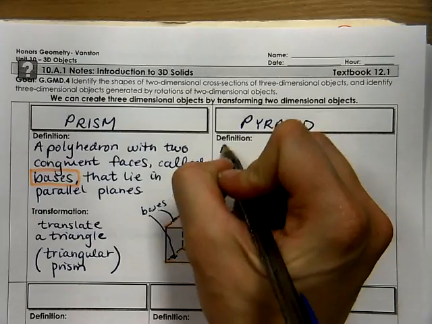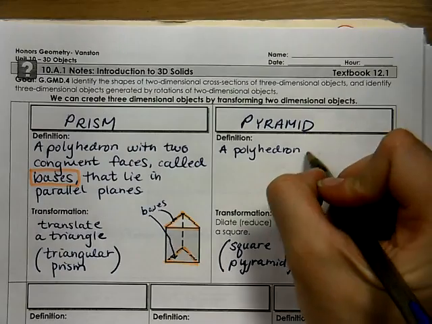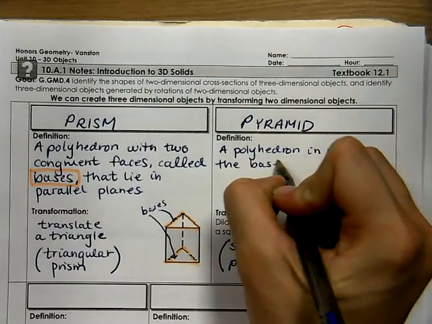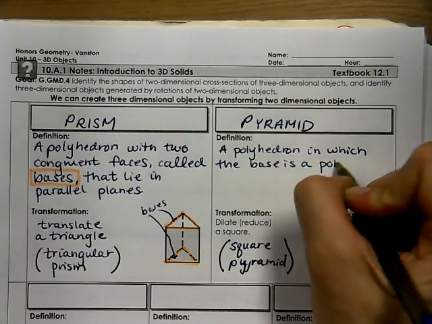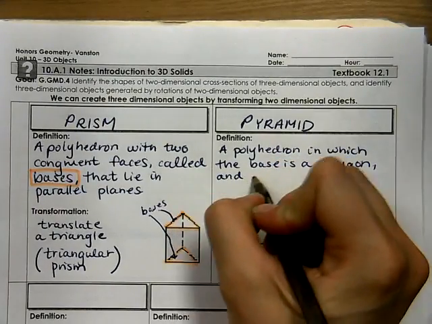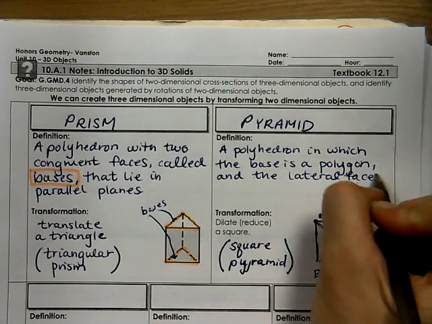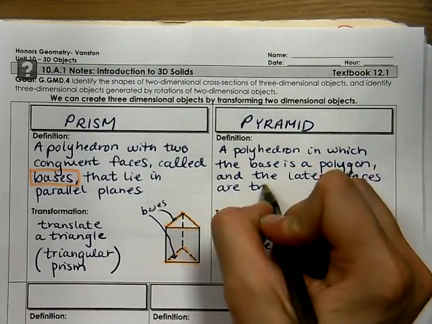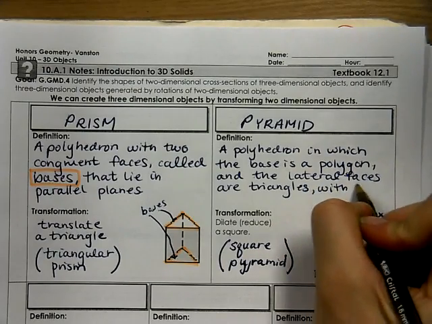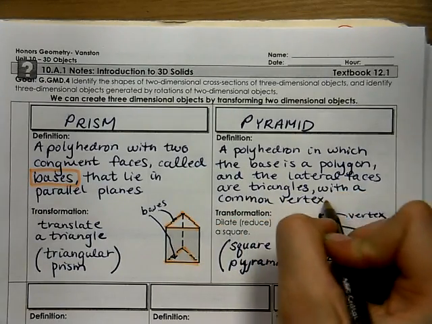The definition of a pyramid is a polyhedron in which the base is a polygon, so it could be any polygon, and the lateral faces are triangles with a common vertex.